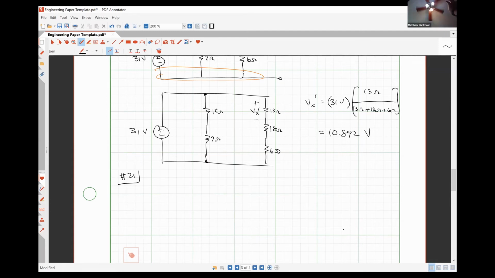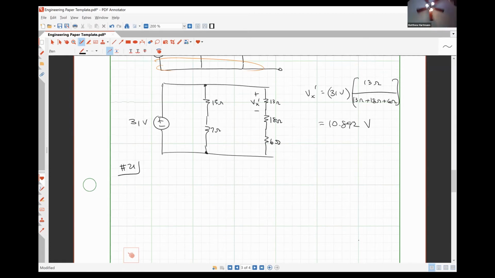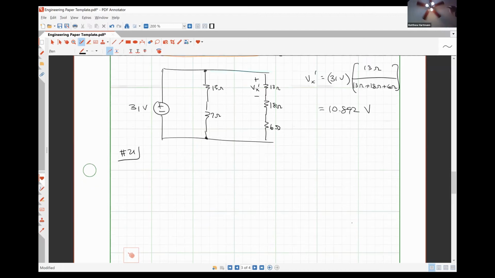And in a problem like this, where just by visual inspection you could see that you could use voltage division and get the answer in one step, my question would be, why would you want to set up a system of equations and then do something else? Nothing wrong with it, it's just going to take you a lot more time, but it's your test.